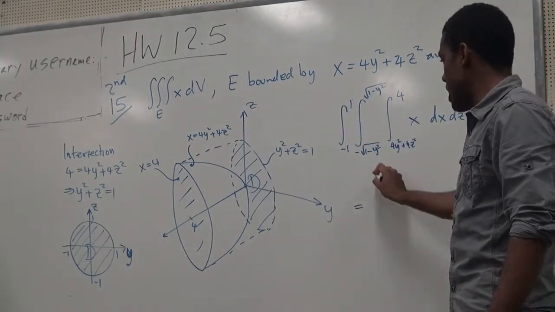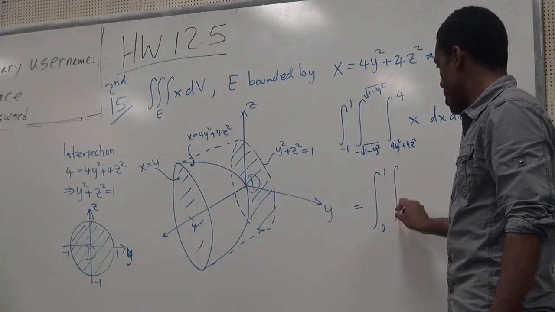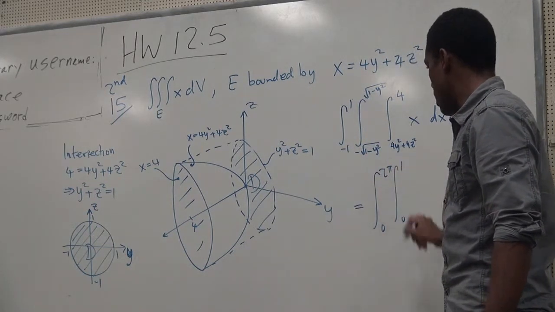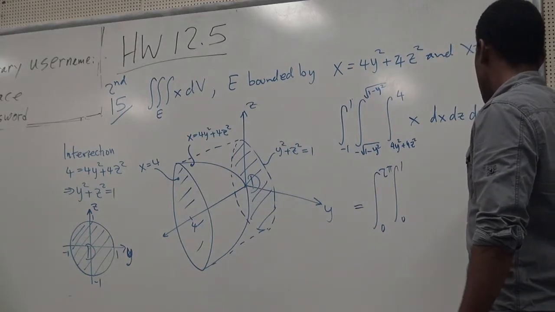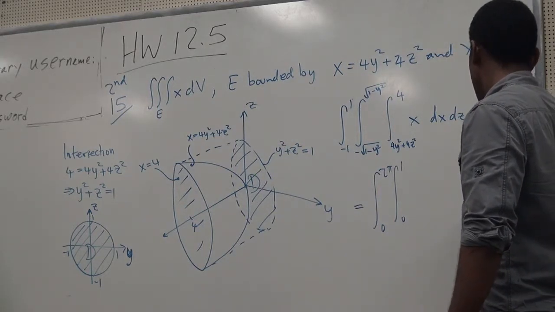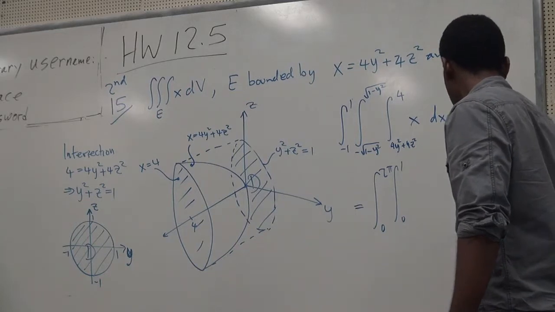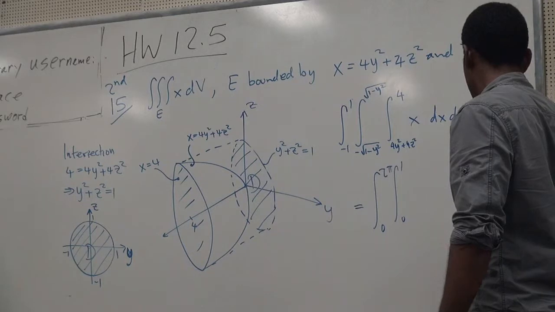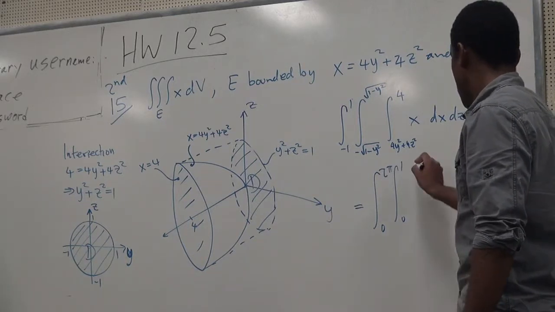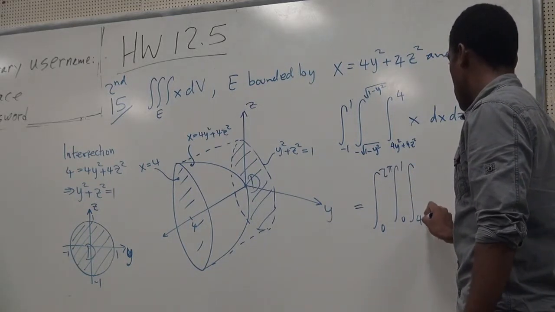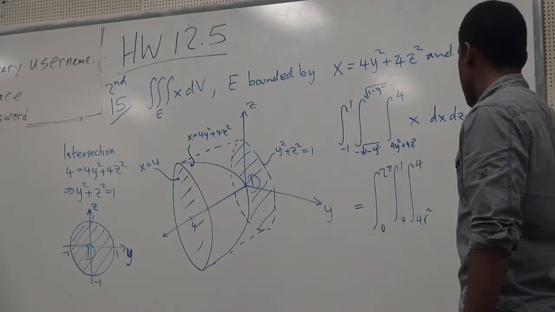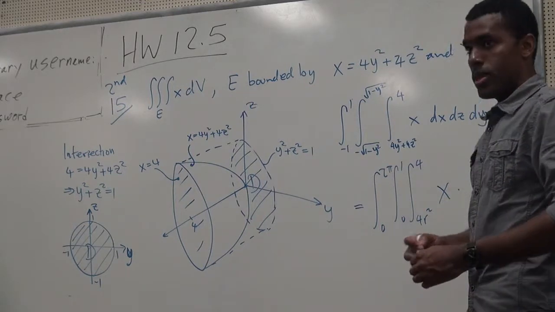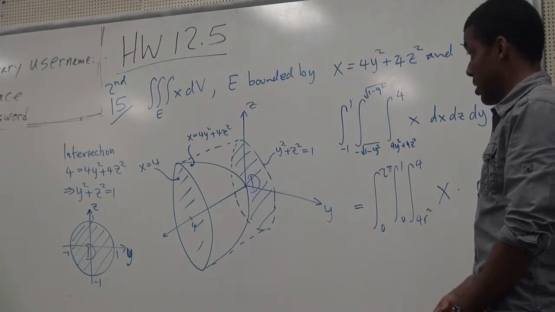Where we can realize that the circle is r from 0 to 1, theta from 0 to 2 pi, and x would go from 4r squared to 4. So that's later today we'll be able to do that.